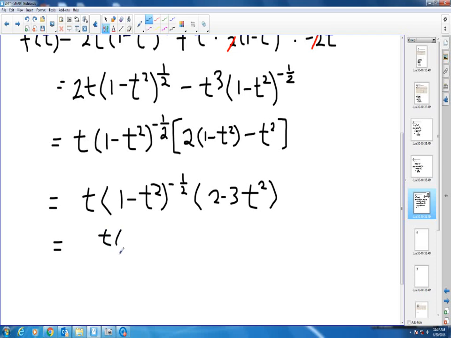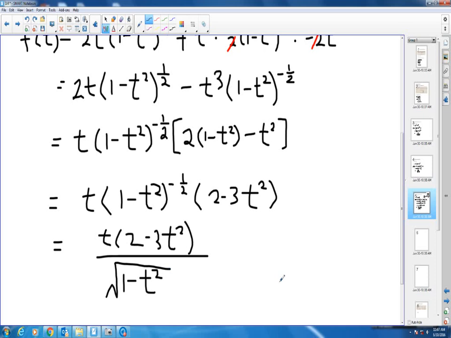So that will be t times 2 minus 3t squared, the whole thing over 1 minus t squared. Negative half power comes to the bottom, becomes positive half. Positive half power is the same as the square root. Alrighty, that's it for that problem.